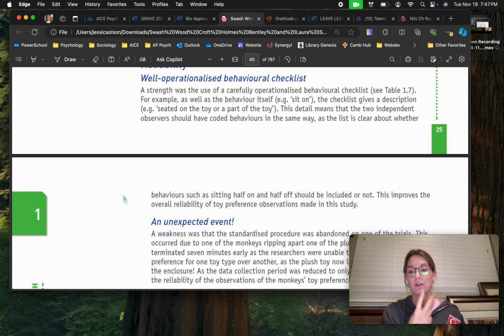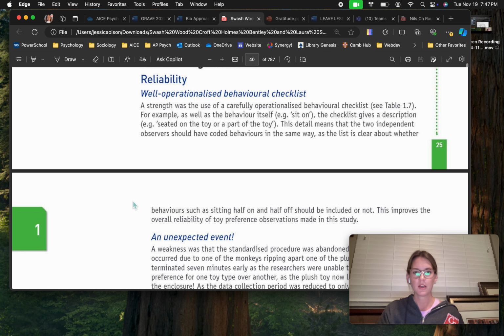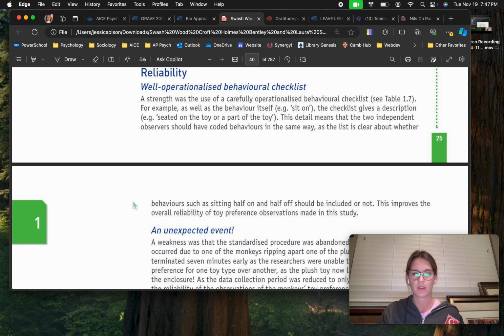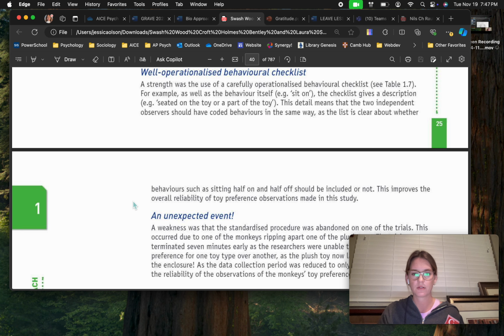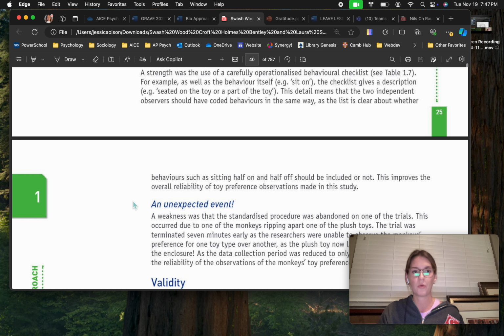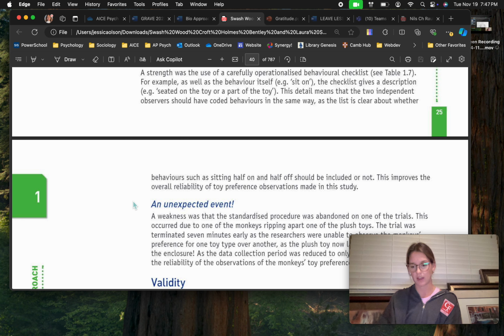There were 2 observers. So was there inter-observer reliability? I don't know. We're going to have to look at the original article to see if there was that. Look for the inter-observer reliability. Were the trials all the same amount of time?